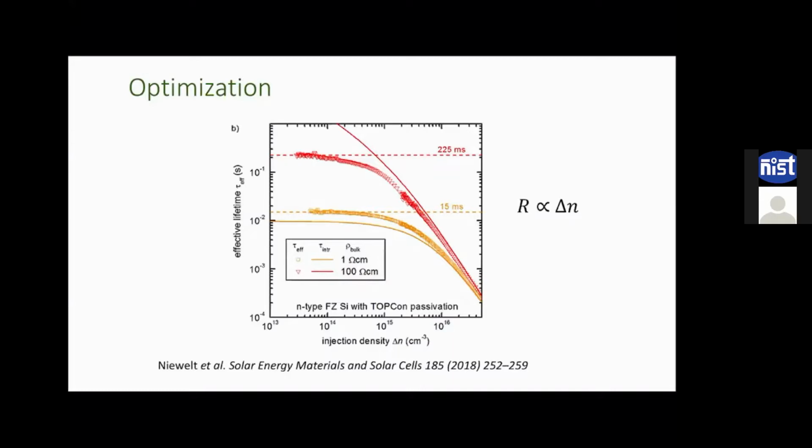Now the final comment. If you want to choose a crystalline silicon wafer to make a solar cell based on the effective carrier lifetime that the wafer can give you, which doping density will you choose? Will it be 1 ohm centimeter? But this will give you very less lifetime. And will it be 100 ohm centimeter?